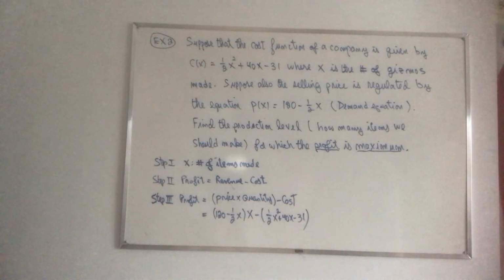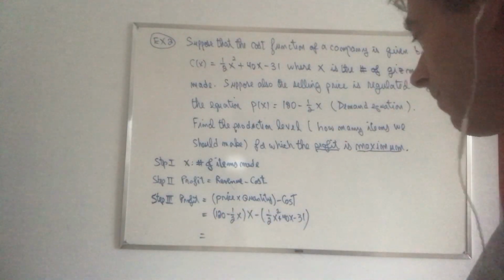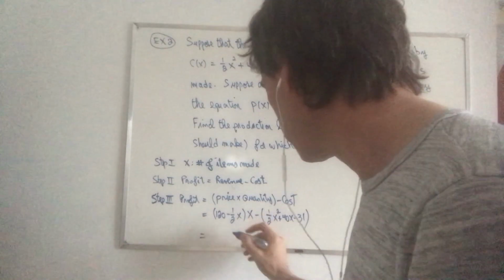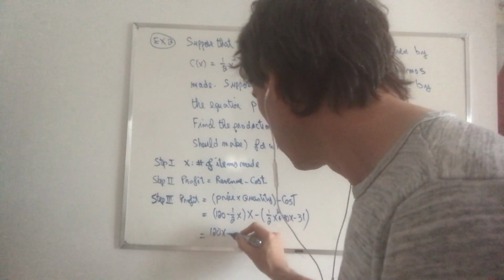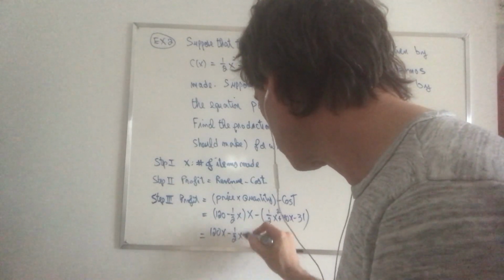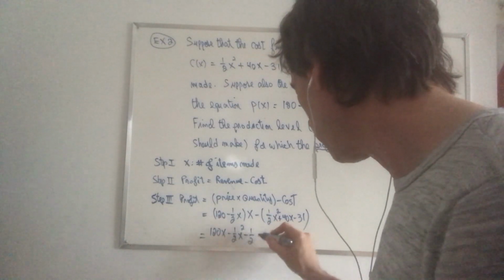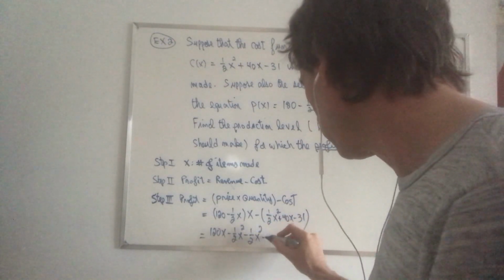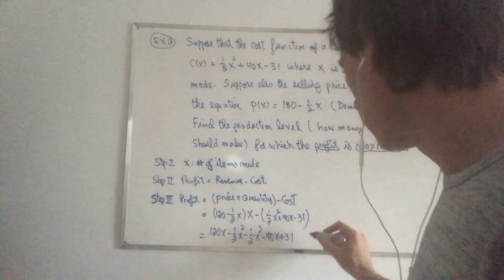So what shall I do here? Well, I will certainly multiply these guys in, and I will get 120x minus half of x squared, and I'll bring the negative inside this bracket, minus half of x squared minus 40x plus 31.